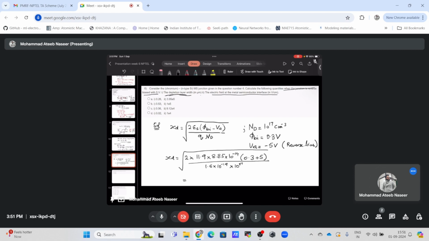It will be 10 to the power of minus 12 times 697.7. So the square root of 697.7 gives 0.26 micrometers, the depletion width.